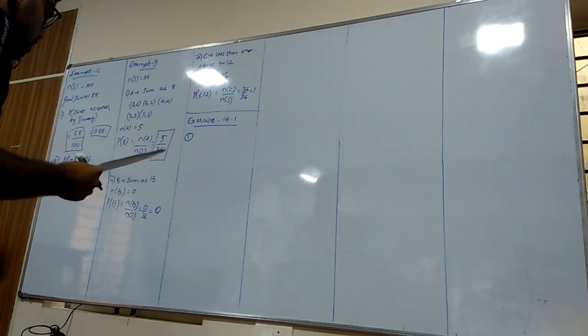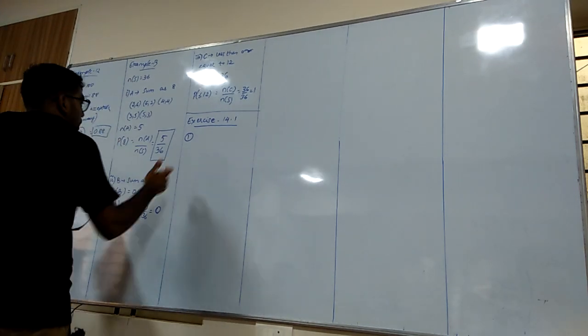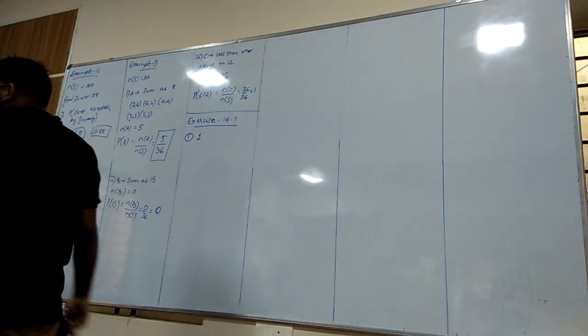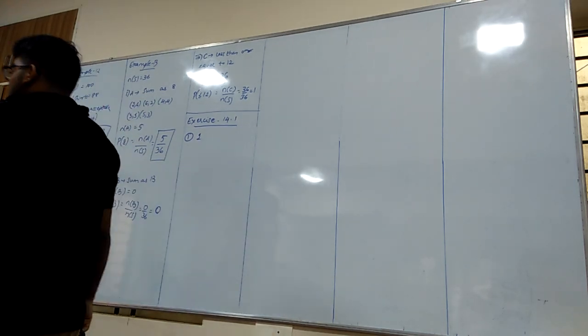Probability of event plus probability of not getting the event is 1.